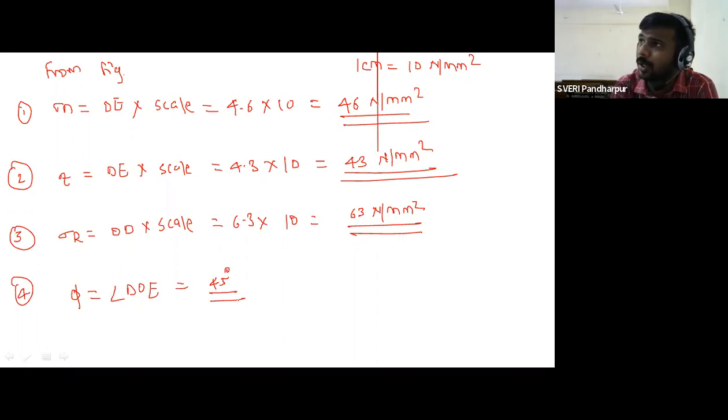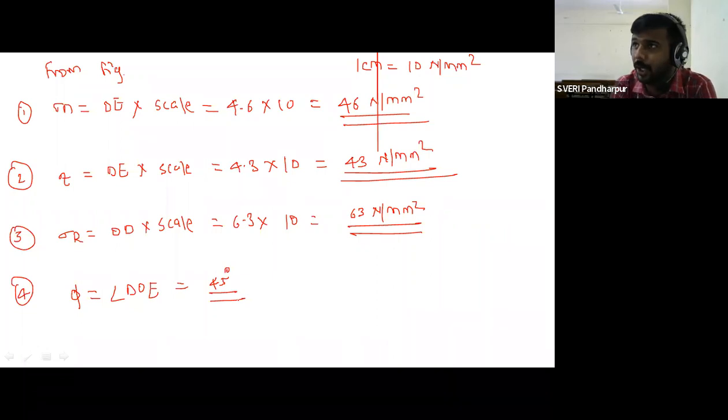At least 1 Newton per mm square gap will be there, no problem. Some may get 60, some 64. Variations like that will be accepted, but the variation should not be more than 2 or 3. So 62.96 means approximately 63 Newton per mm square.